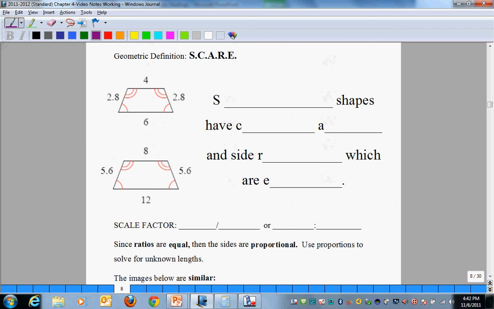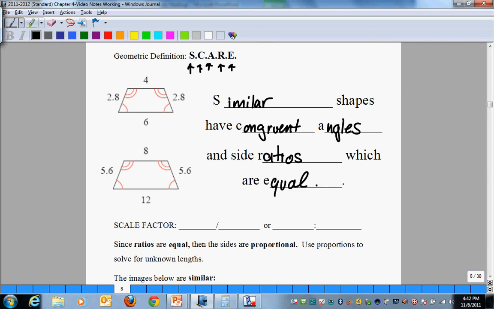In mathematics, we're going to use this specific definition of similarity. It's going to be called SCARE, S-C-A-R-E. And SCARE stands for this: Similar shapes have congruent angles and side ratios which are equal.